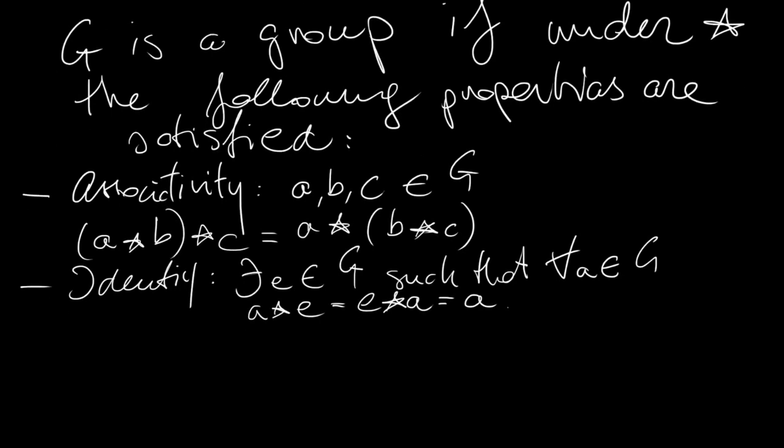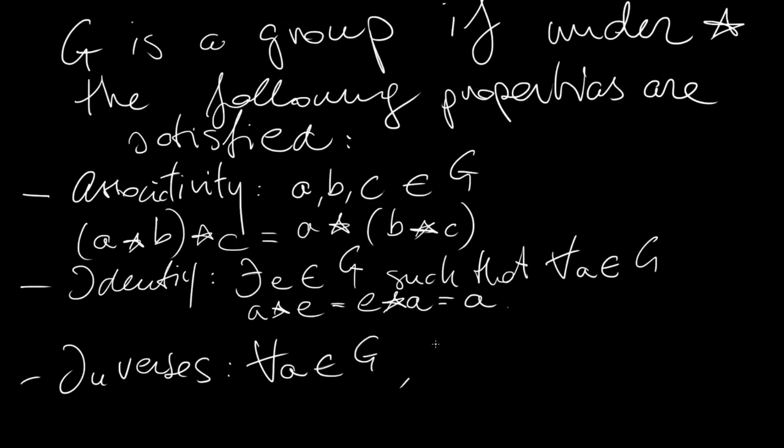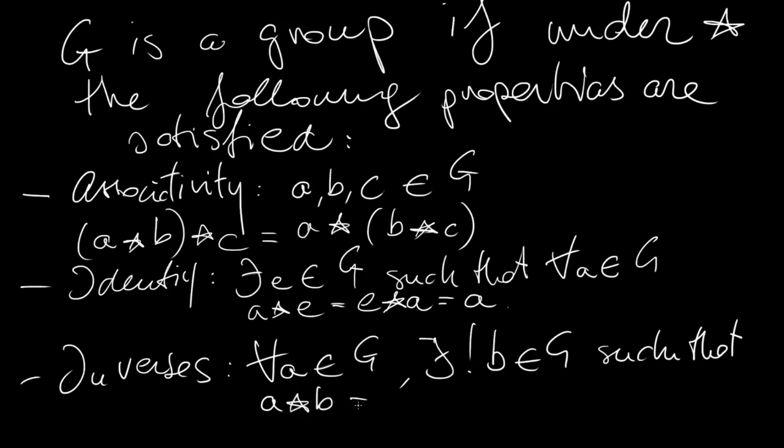Now we have the third and last property. We have the inverses, and it says that for all elements of the group G, for all elements arbitrarily called A in G, there exists a unique element B in the set, such that A operated with B is equal to B operated with A, which is equal to E. The exclamation mark means unique.